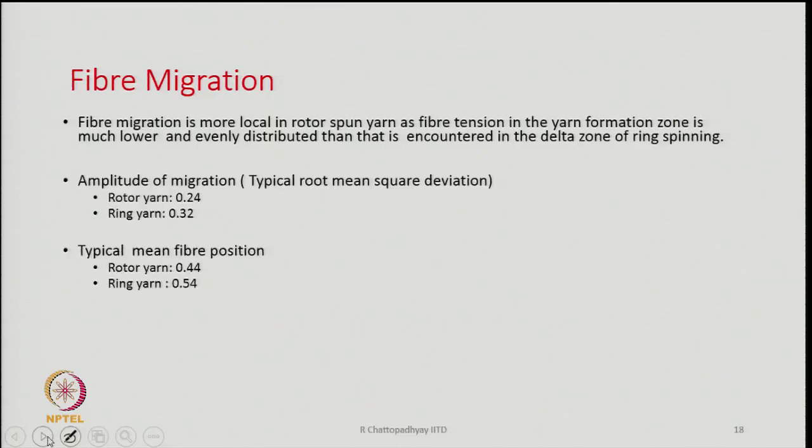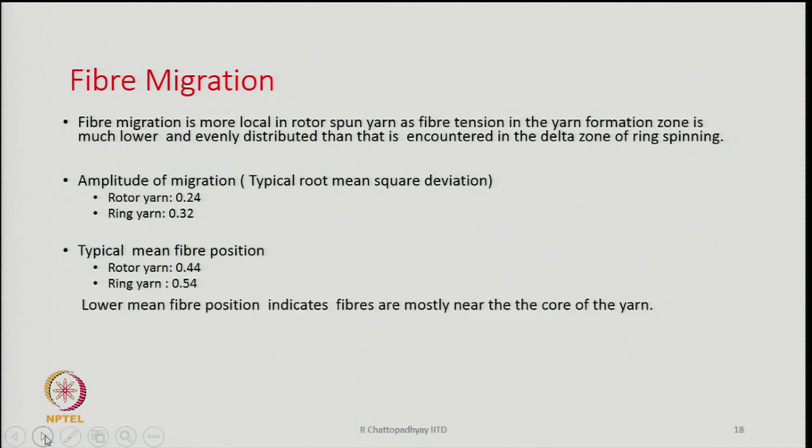Then migration is another important phenomenon. See, in all spun yarn, unless the fibers migrate, there will not be any strength in the yarn. Twisting is the mechanism or process by which we induce migration in the fibers. And what does this migration mean?